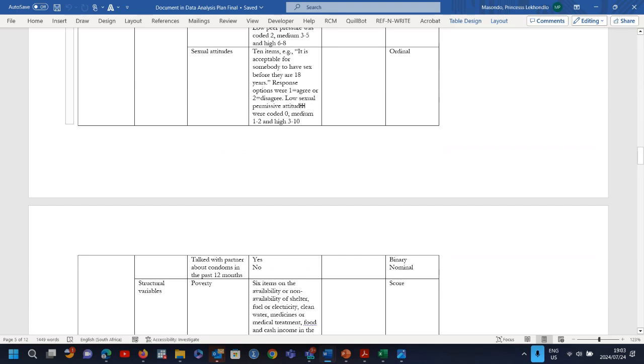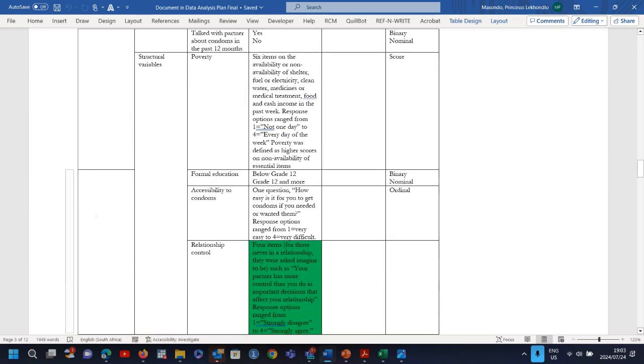So that's going to be ordinal. It's still a category. You are going to be in the low group, the medium group, or the high group, but it's got order, right? Those in the low group have low sexual permissiveness, and so it's got order.